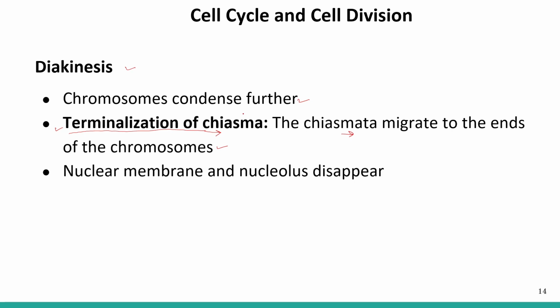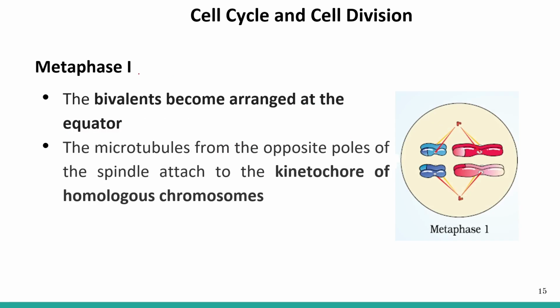And what happens at the end of diakinesis? The nuclear membrane as well as the nucleolus disappear. Along with the nuclear membrane and nucleolus, cell organelles also disappear. Next stage is metaphase 1. In metaphase 1, the bivalents become arranged at the equator.